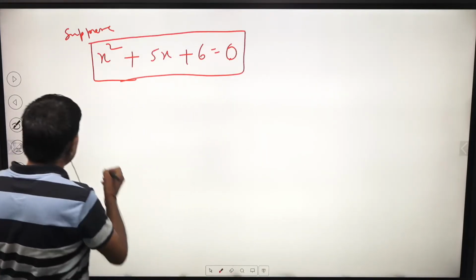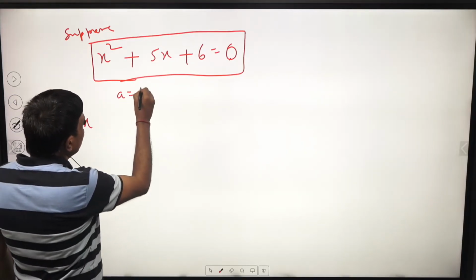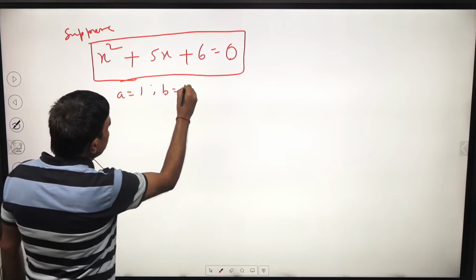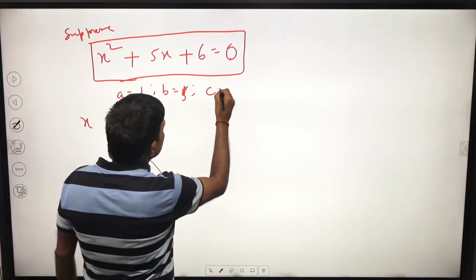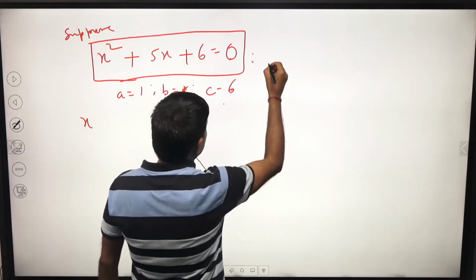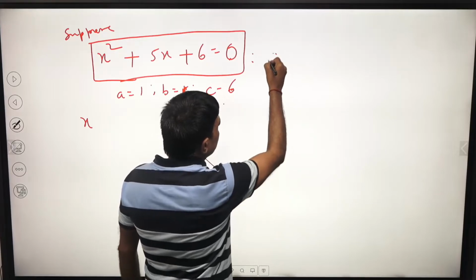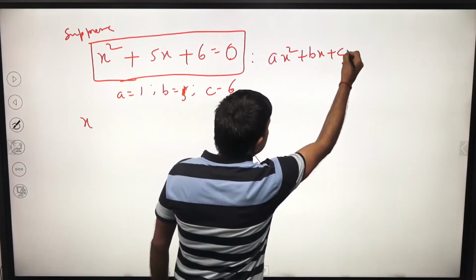According to the formula, here a is equal to 1, b is equal to 5 and c is equal to 6. You compare this with the standard quadratic equation, which is ax square plus bx plus c equal to 0.